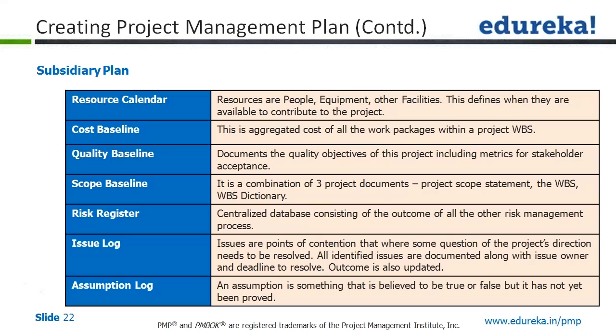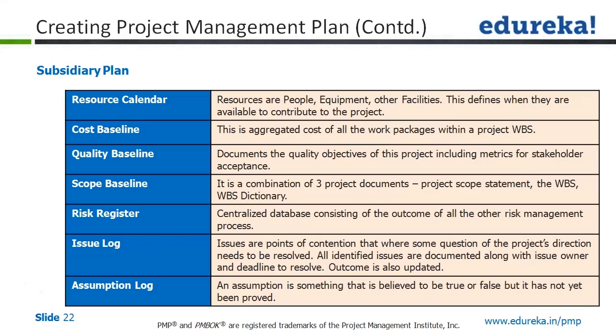Remember, we discussed these three plans yesterday, with the clear message that once these plans are approved, any changes to the cost baseline, quality baseline, and scope baseline after they are frozen can only be done through the change request management process. That means we need to bring the issue back to the change control board, the CCB, and only then can those changes happen.